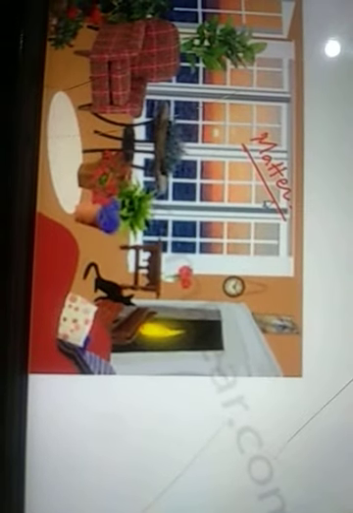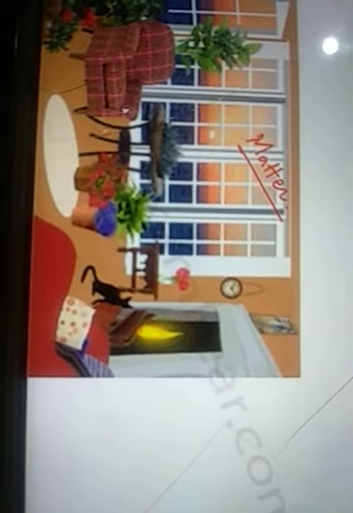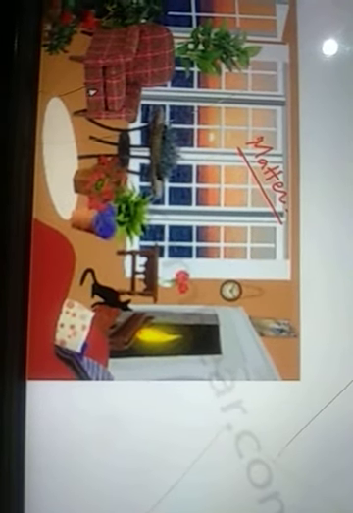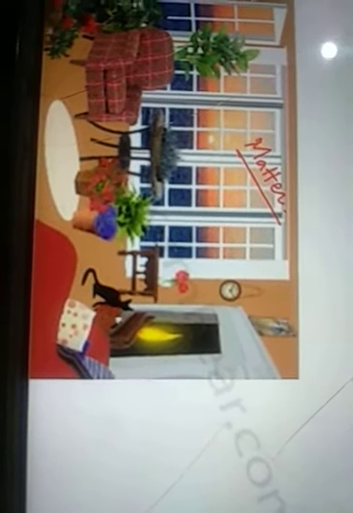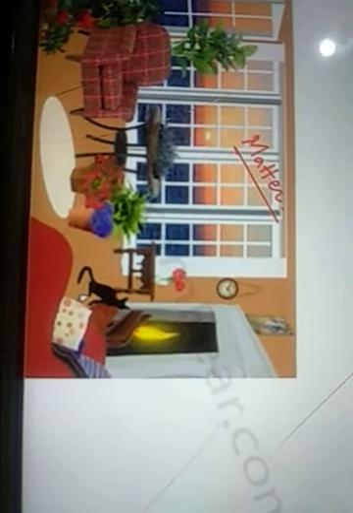Whether it is a living organism or a non-living object, everything which we see around us is matter. Matter is something which occupies some space. For example, this chair occupies some space, even though the chair is a non-living object. Similarly, the cat occupies some space. This is a living object.